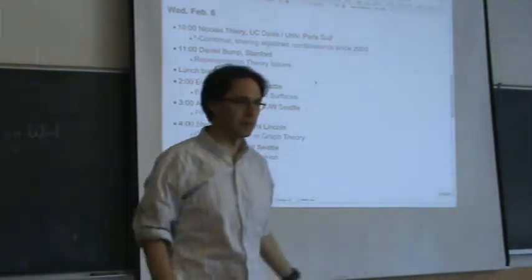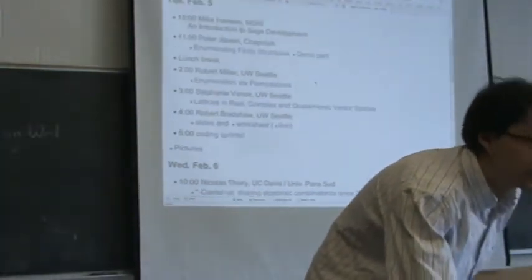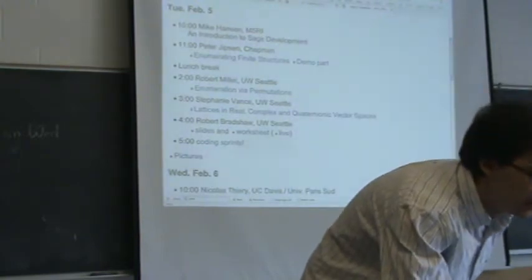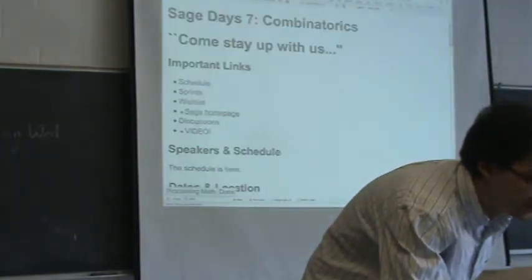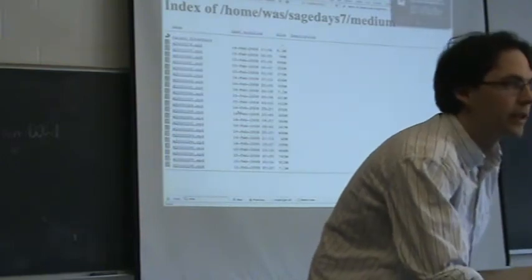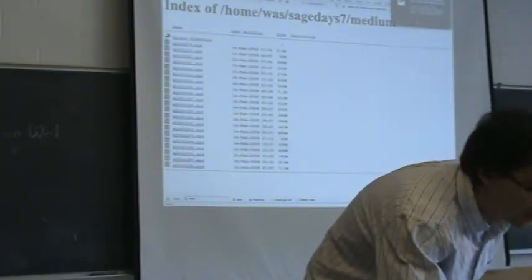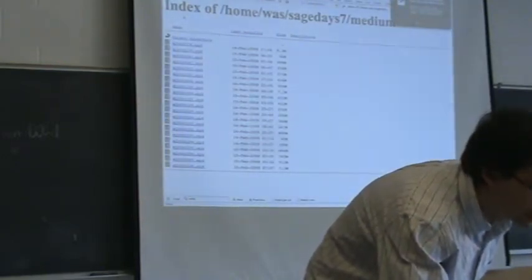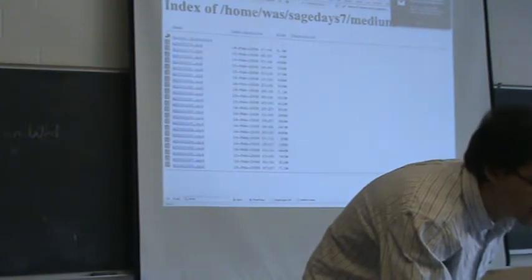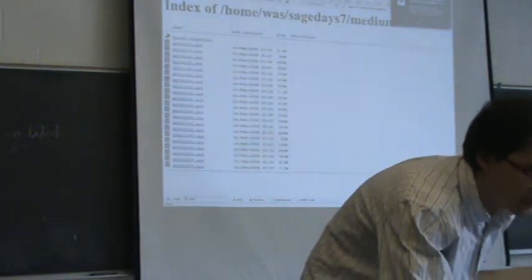So you might want to look at some of these talks to get a deeper sense of combinatorics in Sage. And not only are slides available, but there's video right here for each of the talks. Though unfortunately, I've failed to upload this to Google Video, evidently, or even name the videos. But they're all there, so you can kind of just match them up.